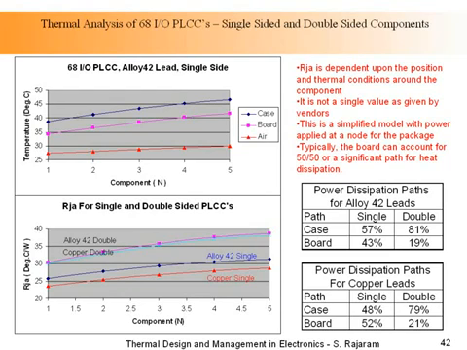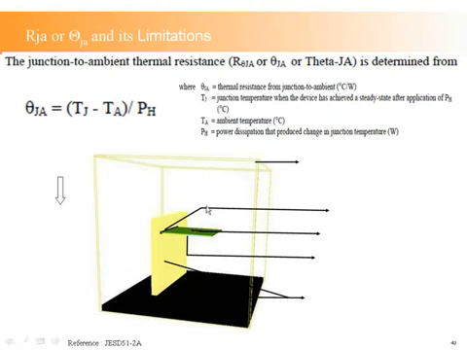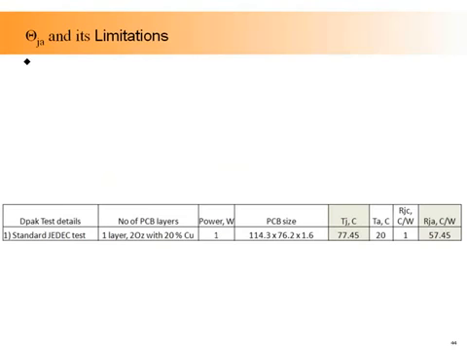Now, the junction to ambient resistance is usually done through measurements and provided by standard testing methods. Typically what they do is they will mount one device on a single test board that is shown here. The problem with that measurement is that it has its own limitations.